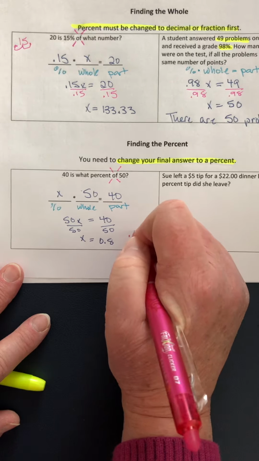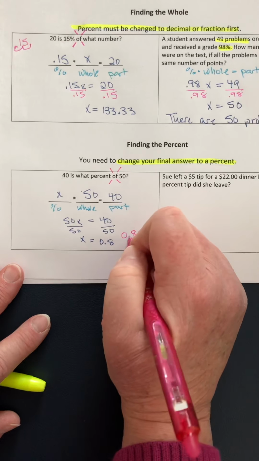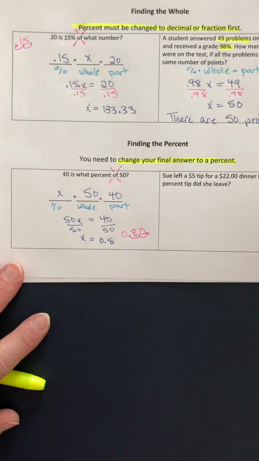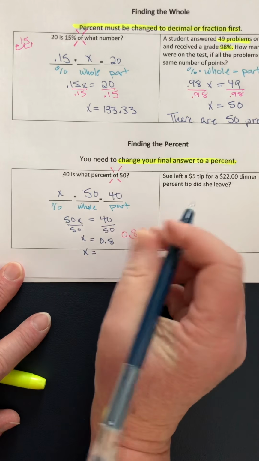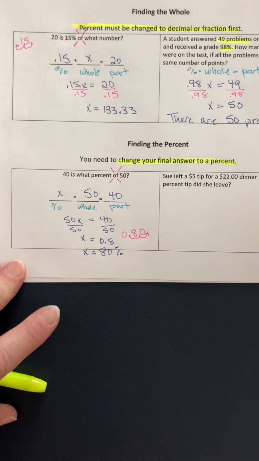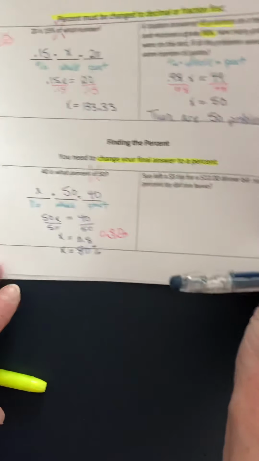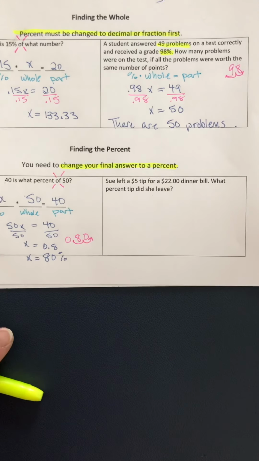So I know I have to swoop to the right this time because I'm multiplying by 100. And my final answer is x equals 80%. Okay, and my last example, finding the percent. And again, pause it if you need to finish filling in.